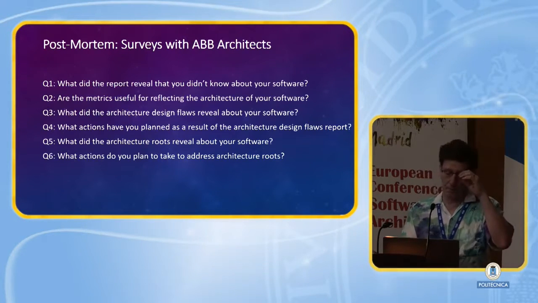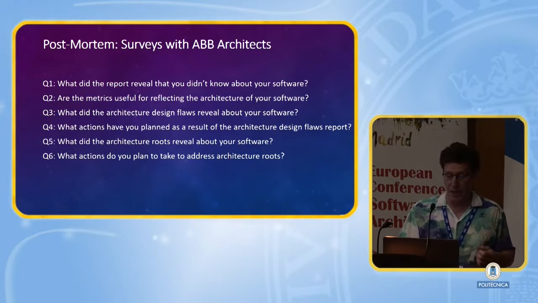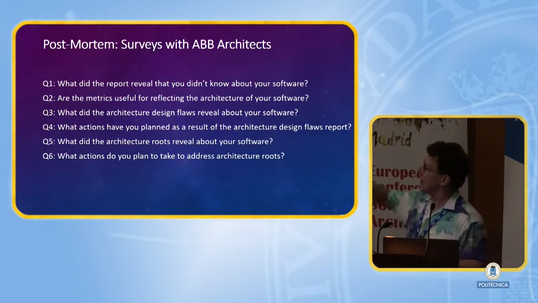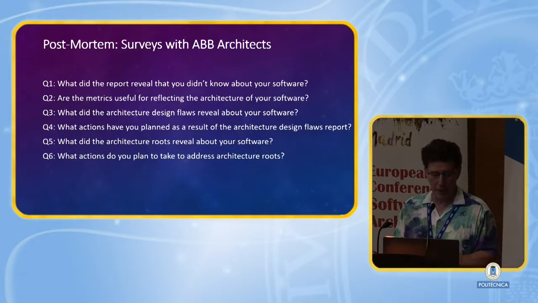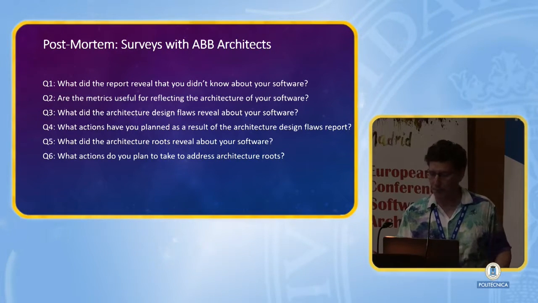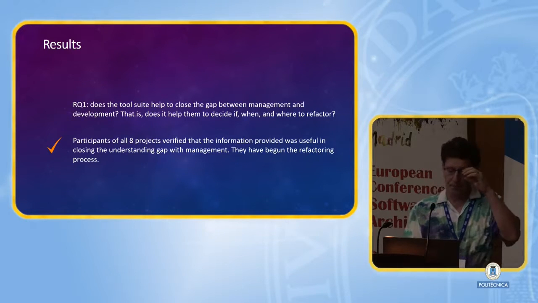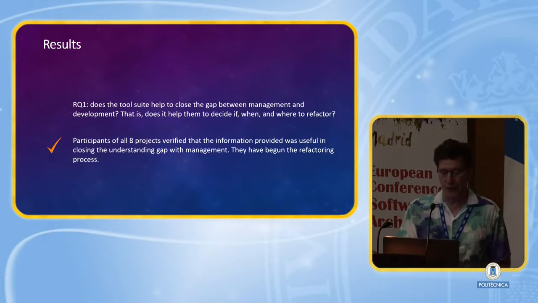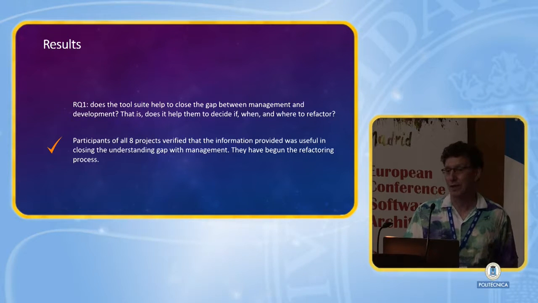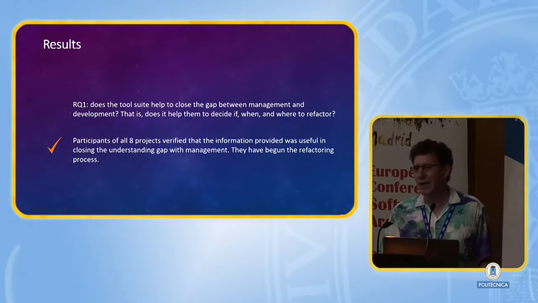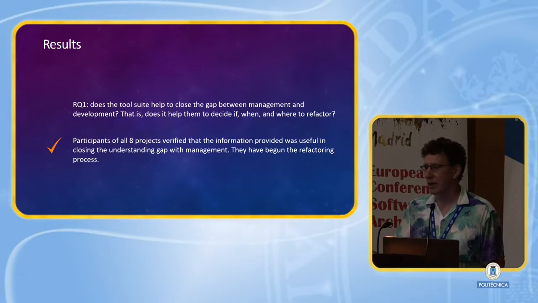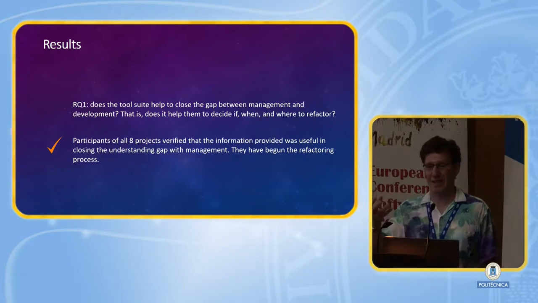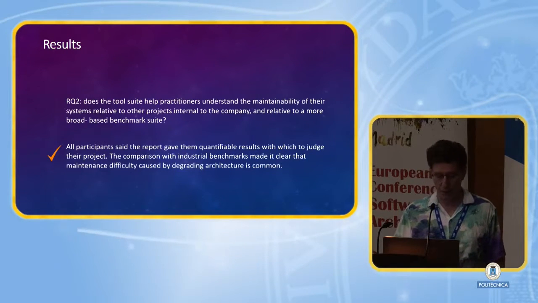We also talked to the ABB architects, and we asked them, what did this information reveal to you that you didn't know about your architecture, and were these metrics useful? They verified that the information we provided was useful in closing the gap with management. It is often the case that architects know in their gut that something is wrong, but being able to precisely identify and quantify it gave them a tool that they had not had before.